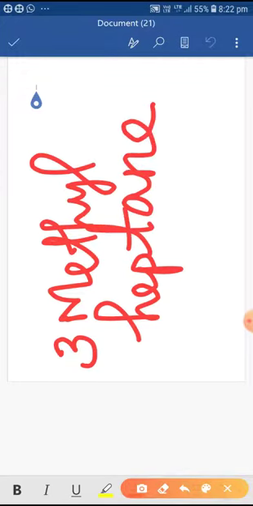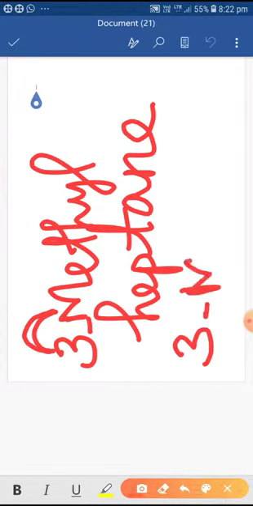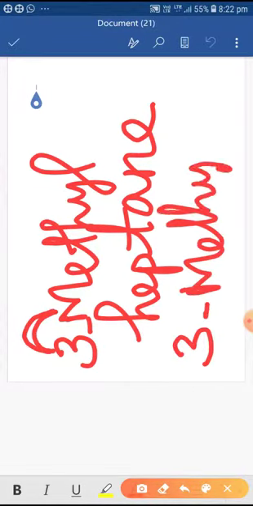Listen carefully while writing the name of the compound: between a number and a letter, use a hyphen. 3-methyl. So between an alphabet letter and a number, use a hyphen.